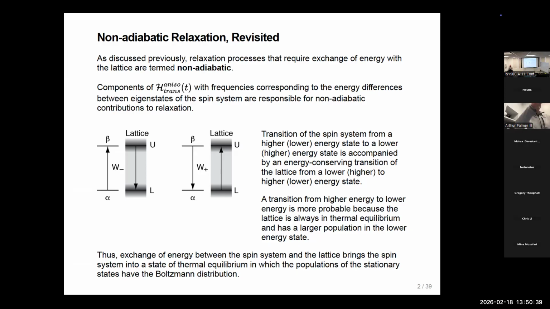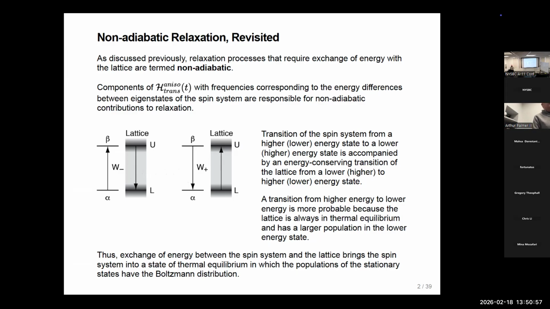There are constant flips going on by this process, W minus and W plus. So constantly spins are flipping and the lattice is flipping energy states. But at equilibrium, there's balance.